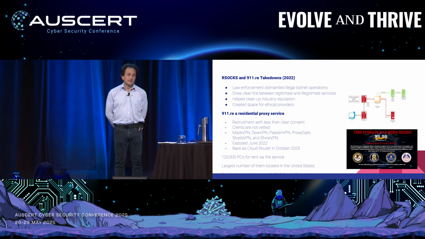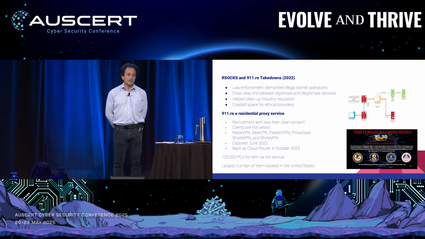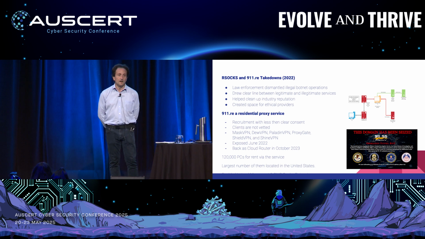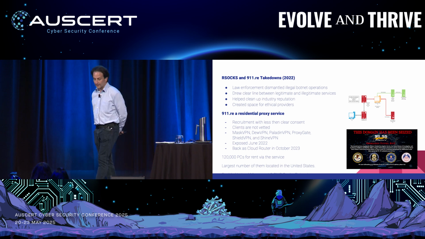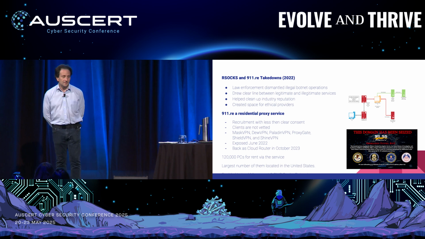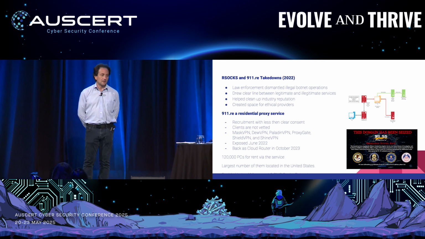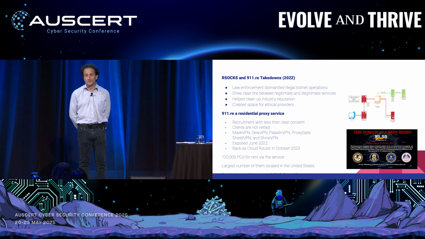In the US, there was a large takedown of a residential proxy provider. One of them was 911.re. This was in 2022, and when they released their press release about taking them down, it was about taking down a botnet. And the way this botnet was performed was by providing free VPN services.